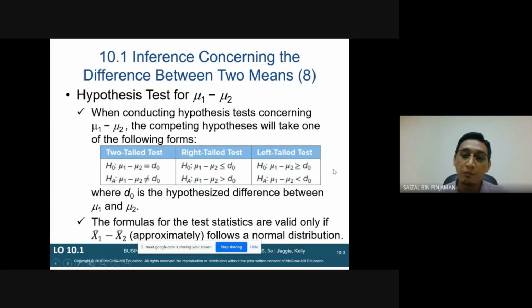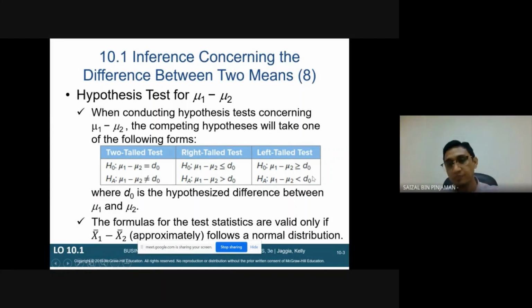But if we assume that this hypothesized difference is equal to 0, that means mean for population 1 is either equal to or larger than mean for population 2. So conversely, for the alternative hypothesis, we construct mean for population 1 that is smaller than mean for population 2 if this hypothesized difference is equal to 0.